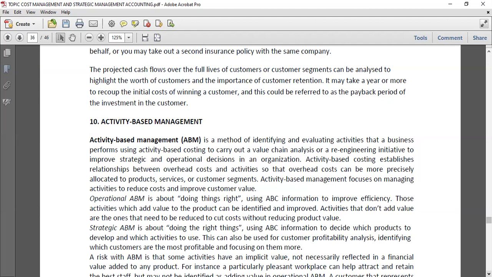So the other we want to comment about is the activity-based management. The activity-based management, this one is a model that develops from the ABC, the activity-based costing. We must have commented about this at one point in time, but just to recap a little more information here, okay?